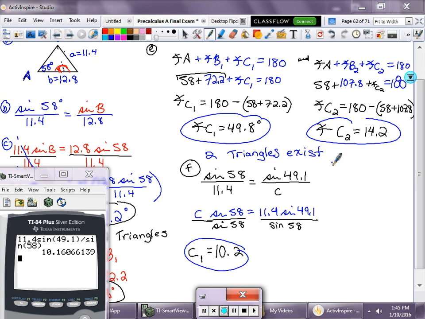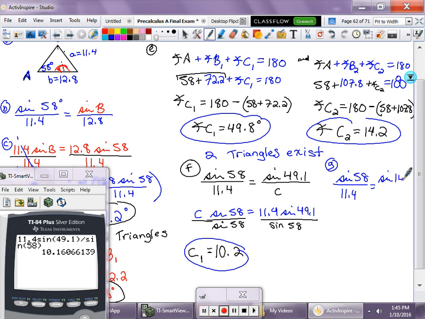So we have EFG. And we'll leave it here. We're going to still use the same ratio that we're given. Sine of 58, always use your given, over 11.4 equals this new C value, which is the sine of 14.2 over our C value that's unknown.